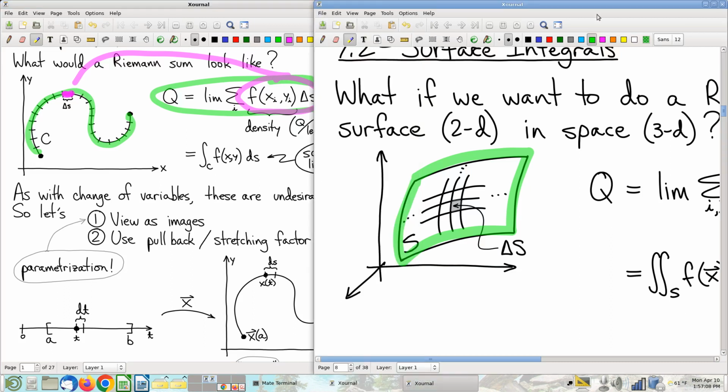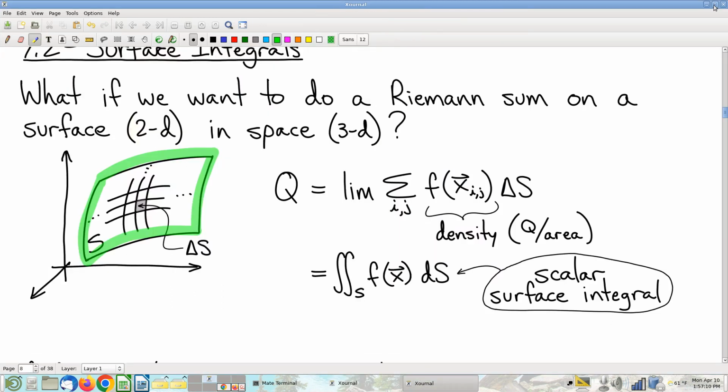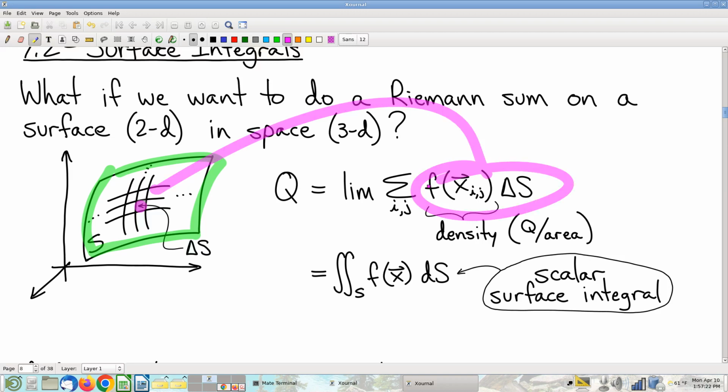And we're going to do morally the exact same thing here. I have a whole that I can chop up into a bunch of little pieces. On each little piece, now we gotta slow it down a little bit. This isn't exactly like a curve, right? After all, this is a surface, little pieces of which don't have lengths, they have areas.